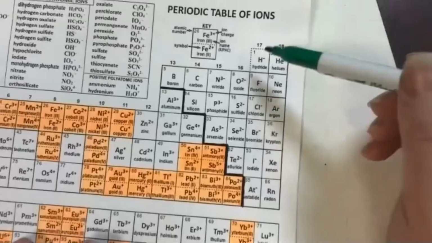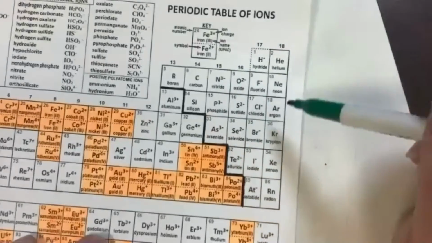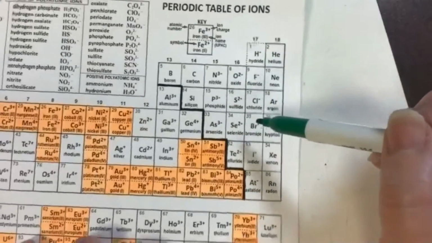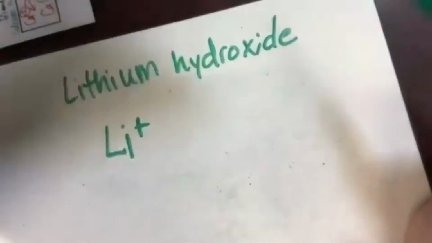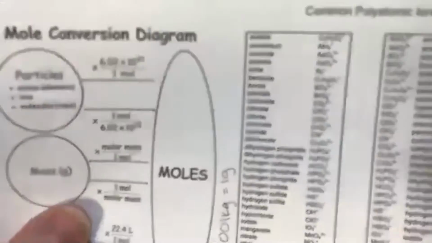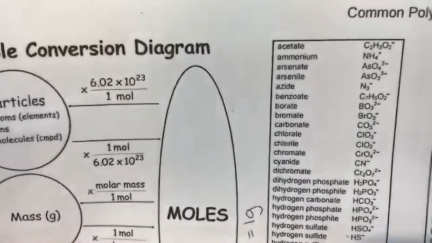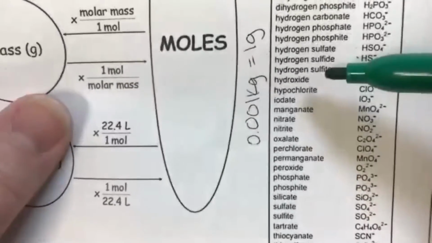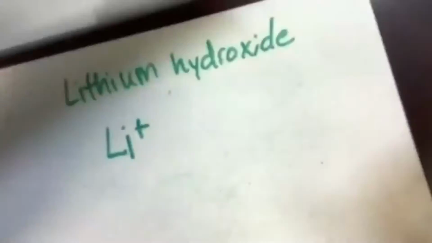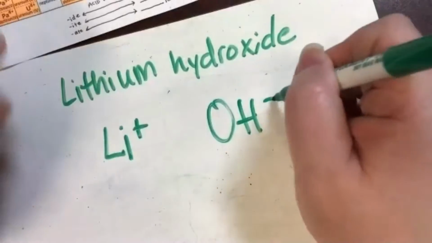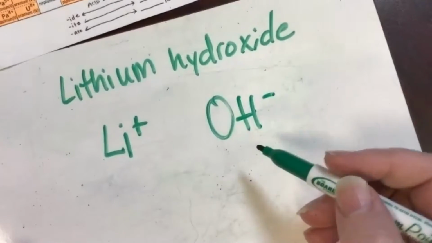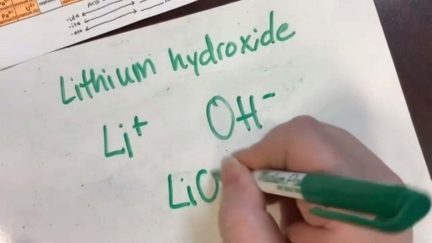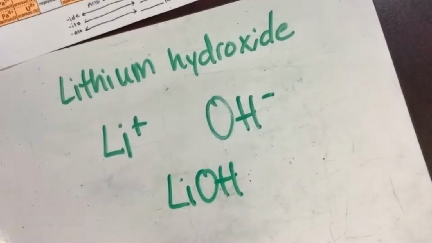Hydroxide is an -ide, so I'm going to check to see if it's over here, but it's not. So it must mean it's back here. So hydroxide, there it is right there, is OH minus. Okay, you got a plus one and minus one. They technically cancel each other out. So it's just LiOH. That's it.